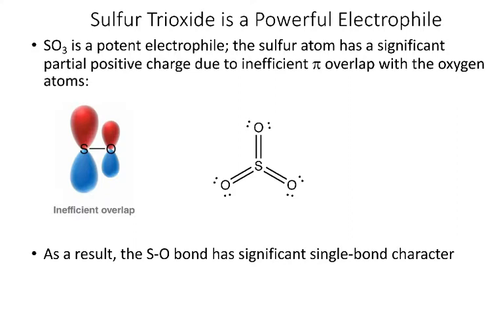Another way we can rationalize this is by thinking about the resonance structures that we can draw. One of the patterns of resonance structures that we learned is when we have 2 atoms of different electronegativities connected by a pi bond, we can draw this resonance structure.